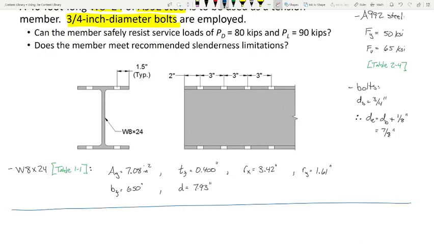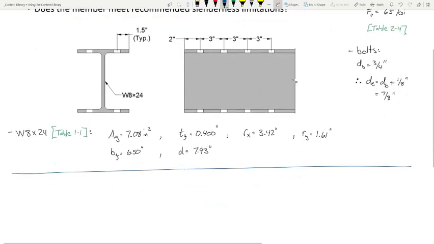So let's take a look at these expressions. Let's start off with gross section yielding. Do we know that quantity? Do we know Fy? Yep. Do we know Ag? Yep. Let's compute it right now. So gross section yielding.